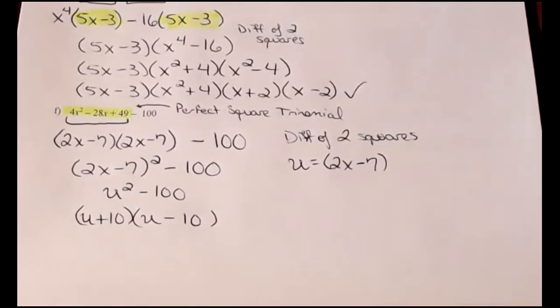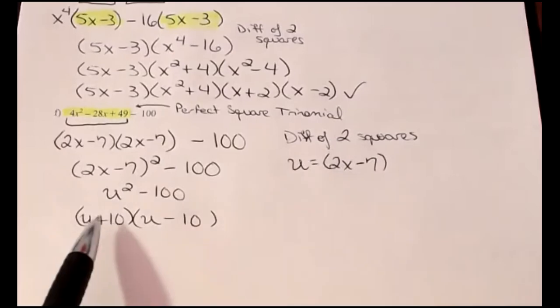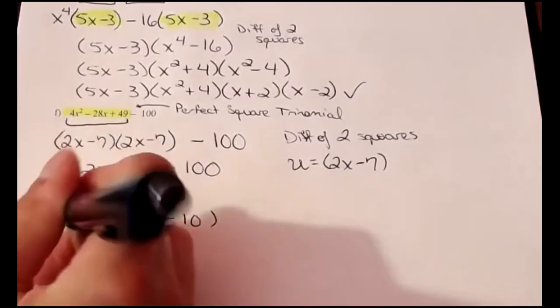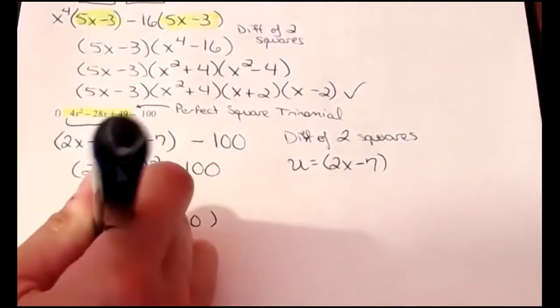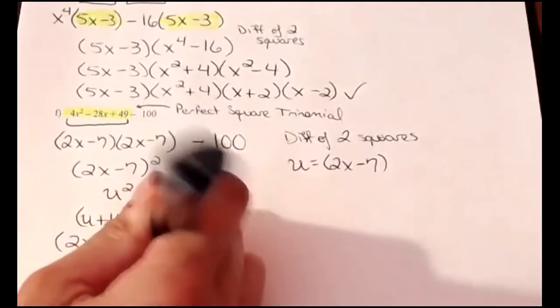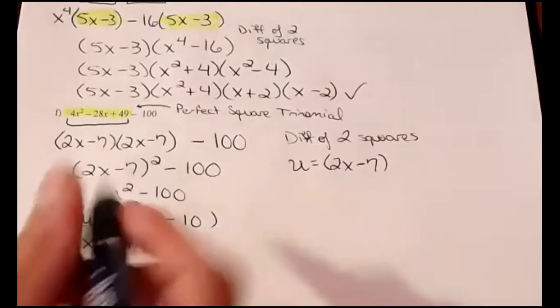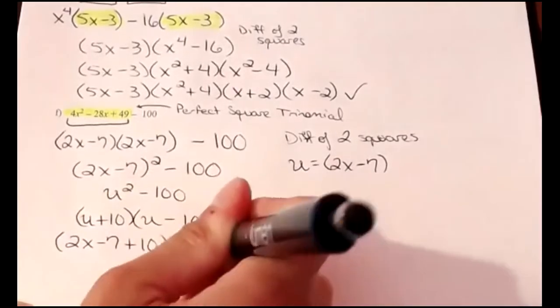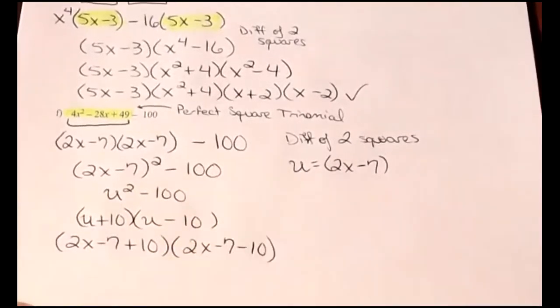U times u gives you u squared. The last thing we do is put u back. So we are going to replace the 2x minus 7 for u. So 2x minus 7, but then notice I have a plus 10. U is 2x minus 7, and then I have a minus 10.